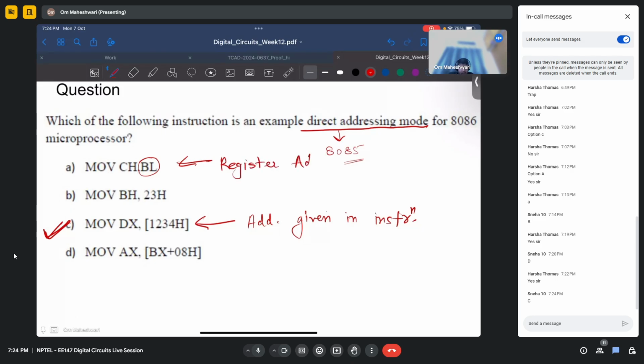In 8086, we actually have, I think, 11 addressing modes. They are quite more than 8085. This is immediate addressing. Whatever you want to move in BH, you have already given the data itself in your opcode. So the second one is immediate addressing.